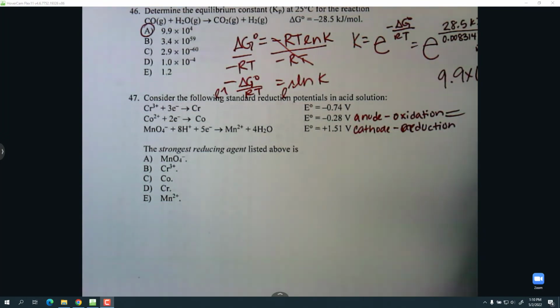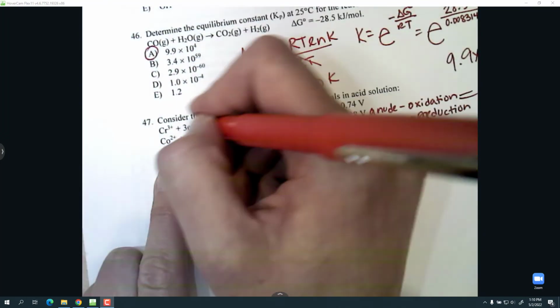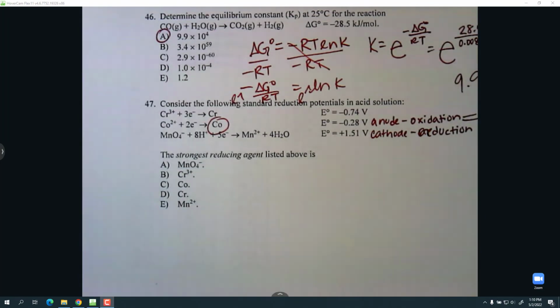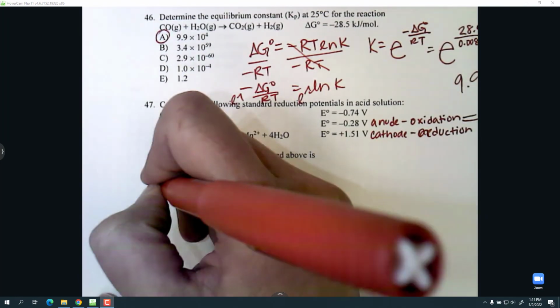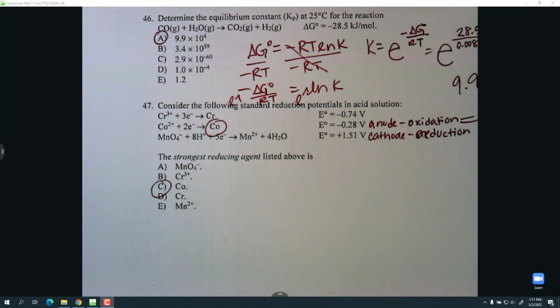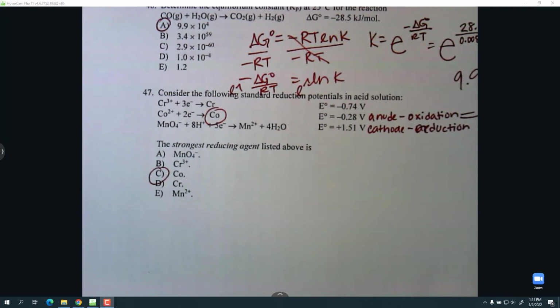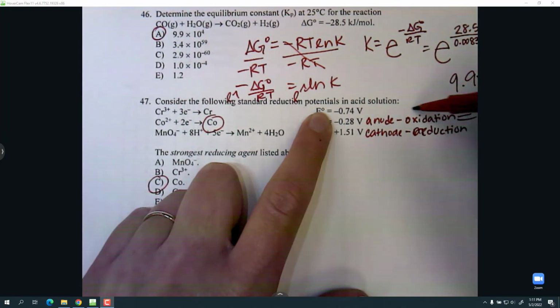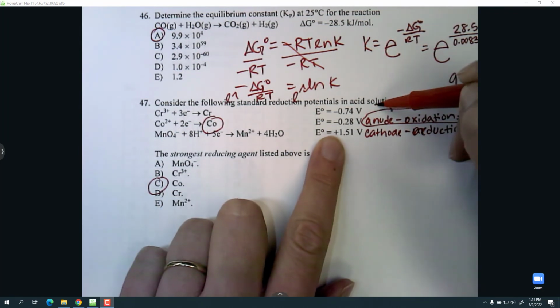This would be an oxidation, so it would have to be flipped, and this would be the reactant of the oxidation reaction, which is a choice. Oh, no, wait a minute. Oh, my gosh. These are negative. Sorry. This is bigger. Same argument.